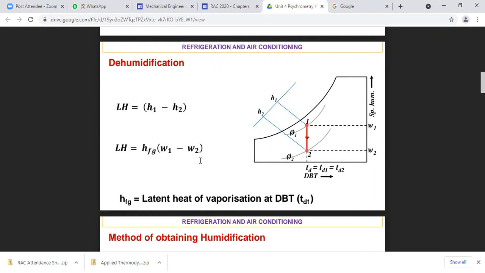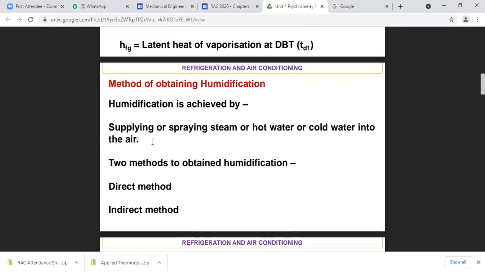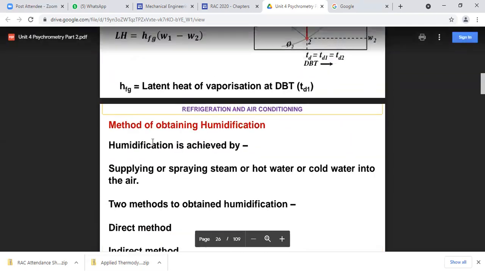The chemicals are also maintained at the dry bulb temperature of the process, and this is called the pure dehumidification process. Methods of obtaining humidification are supplying or spraying steam, hot water or cold water into the air, and the two methods of humidification are direct and indirect methods.